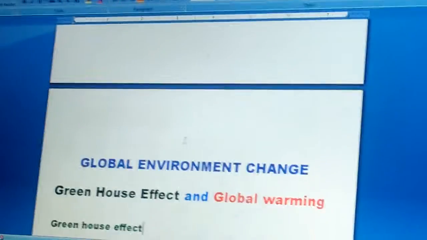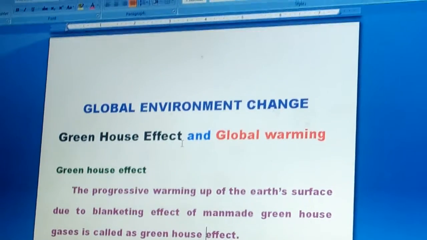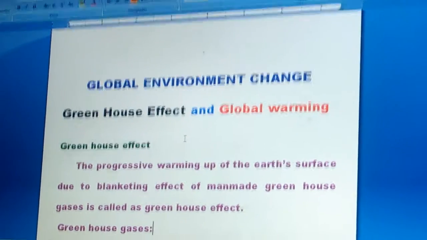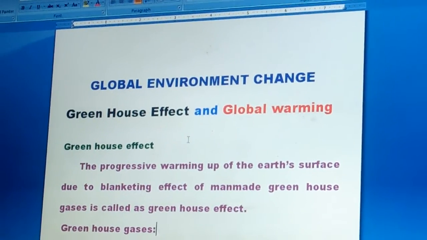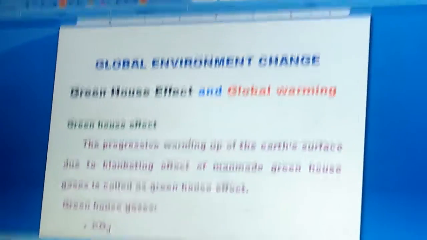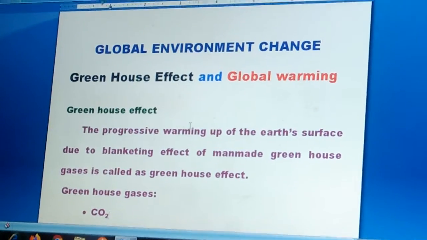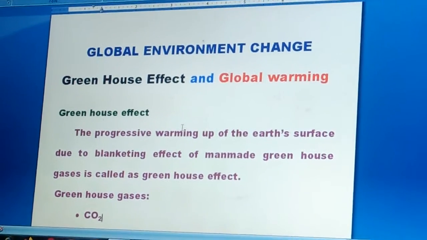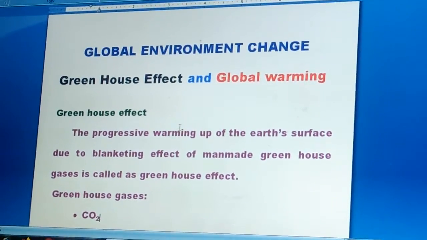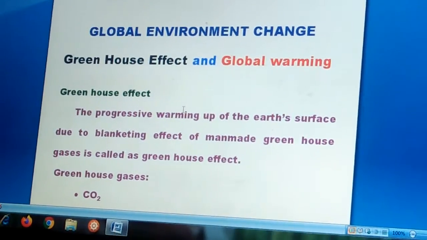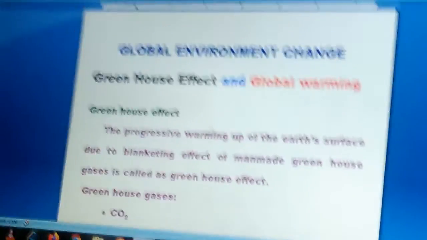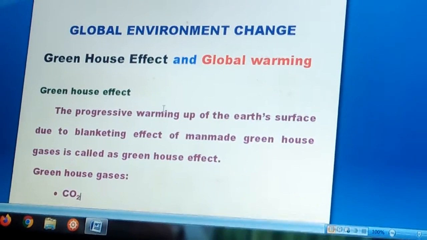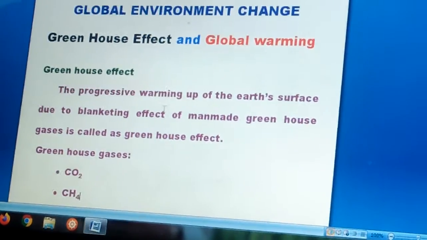Now we can see global environmental change. These topics we have already seen in the previous class. Anyway, now we can see them somewhat in detail. First one, a very important question also: greenhouse effect and global warming. What is the greenhouse effect? The progressive warming of Earth's surface due to the blanketing effect of man-made greenhouse gases is called the greenhouse effect.